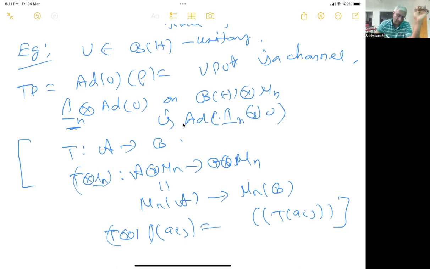So because of that, any Ad map is a positive map. Ad of x star x is going to be U x star, you can put a U star U in the middle, x.